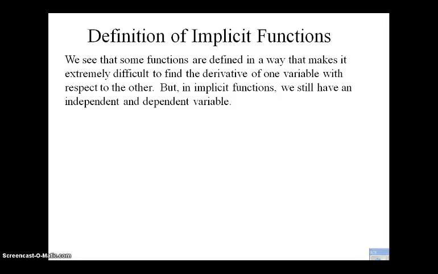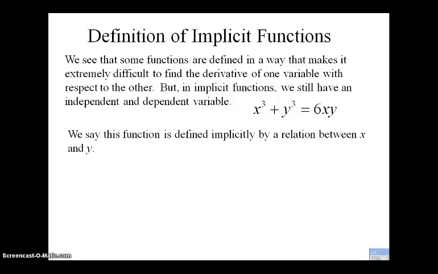So if I have implicit functions, some functions are defined in a way that makes it extremely difficult to find the derivative of one variable with respect to the other. But in implicit functions, we still have an independent and dependent variable. I'm just going to have some sort of clue that tells me which is which. Well, let me ask you this. What does this mean? If you give me this function and you say find dy dx, did you just tell me which was the independent and which was the dependent?